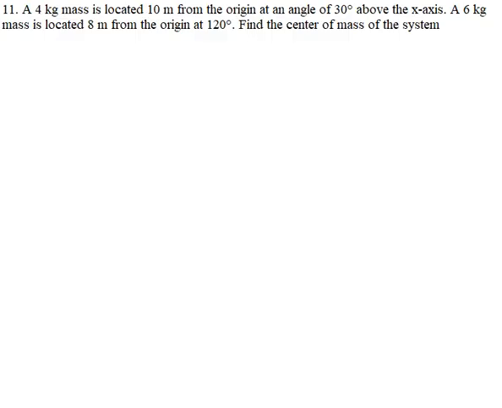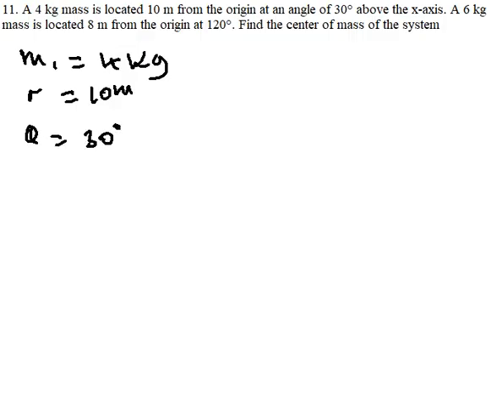Now let's say we have this kind of equation. We have a mass 1, which is 4 kgs, located at a distance from the origin of 10 meters, and at an angle of 30 degrees above the positive x-axis, and that is the angle theta, which is given as 30 degrees.